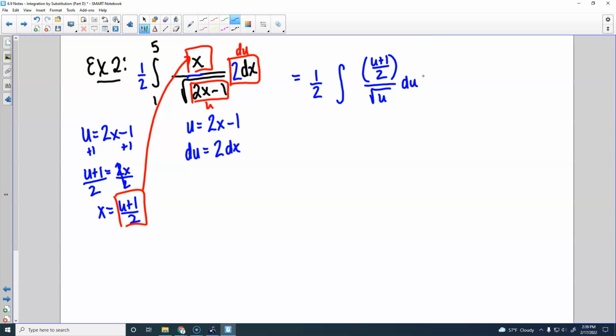Now, I haven't done anything with my limits yet, but we've replaced what we need to here. I'm going to switch to u's and never go back.